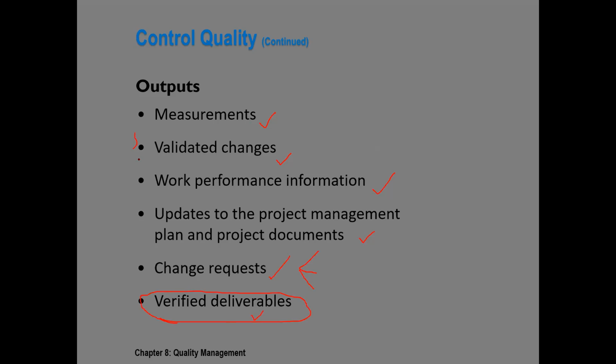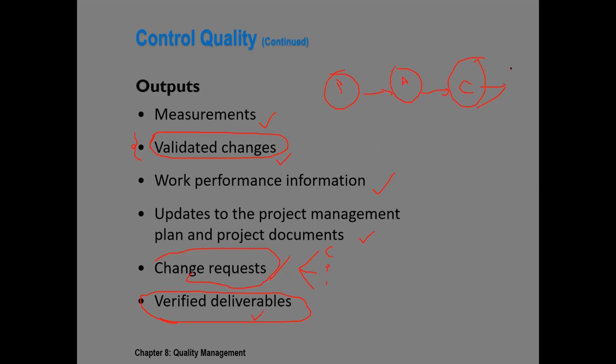Guys, think about this output too, validated changes. It is talking about once there are some change requests, suppose these are three processes: planning, assurance or quality management, and control. These are step-by-step processes. In quality control, when we are checking the quality, we may have some change requests that could be corrective actions, preventive actions, or defect repair.